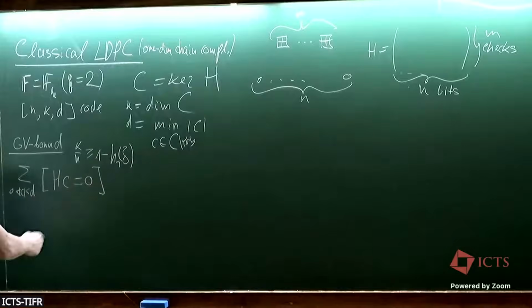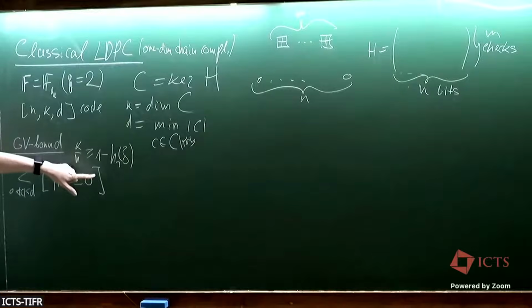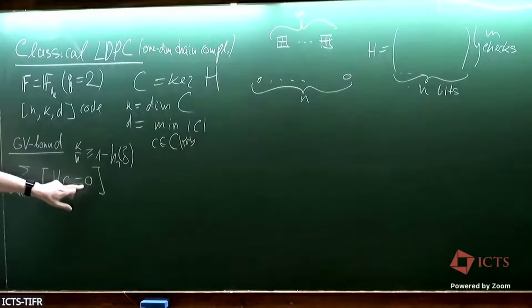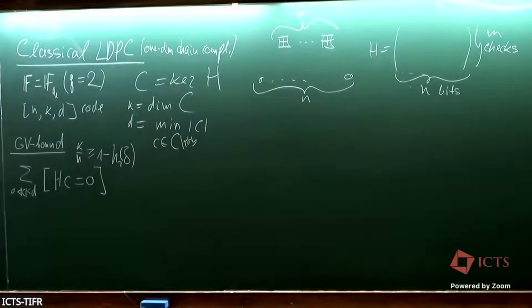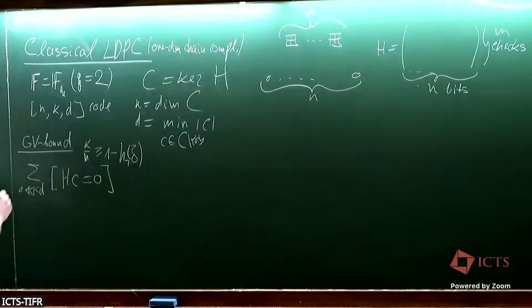Here I use the standard notation: this thing is equal to 1 if this condition is satisfied, and equal to 0 if it is not satisfied. It's like an indicator function. So this is just the number of codewords of a given code, given by the parity check matrix H, that have weight less than d. And now the magic trick is just to take the expectation.